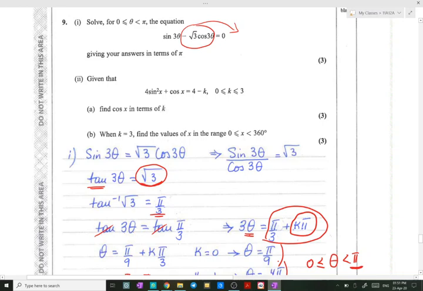In part 2I, given that 4 sine squared x plus cosine x equals 4 minus k, where k is between 0 and 3 inclusive, find cosine x in terms of k. In order to find cosine x in terms of k, we need to change the sine squared x into cosine.